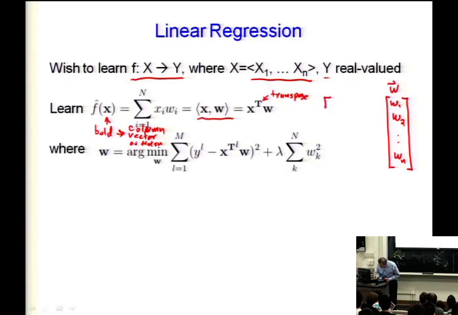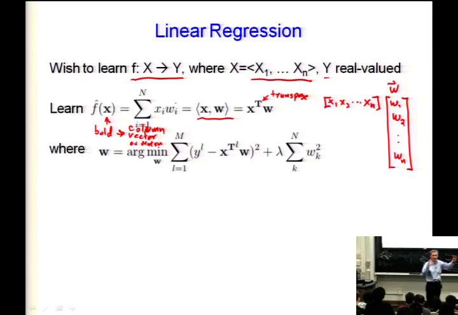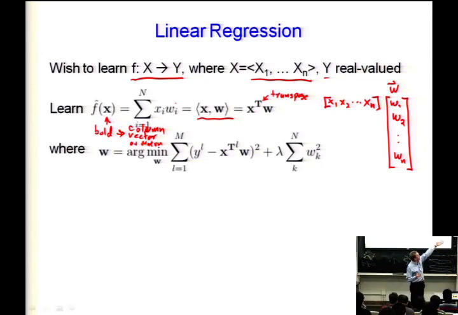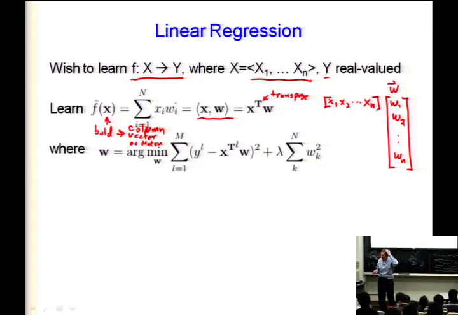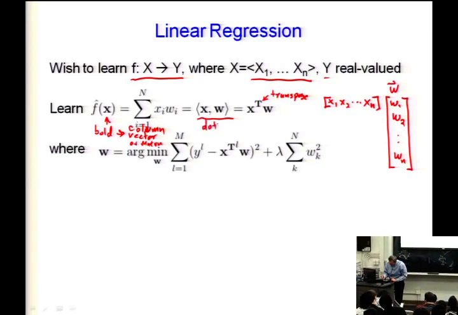The transpose of a vector is just rotating it so that the column becomes a row. This is just notation, but it's important because we're going to be using it a lot. So f of x, where x again is the vector x1 through xn, is just like we said before, the sum of weight number 1 times x1 plus weight number 2 times x2. We can think of that as the dot product of these two vectors.